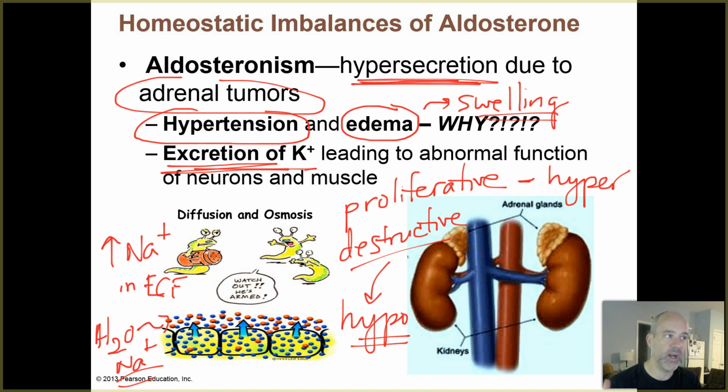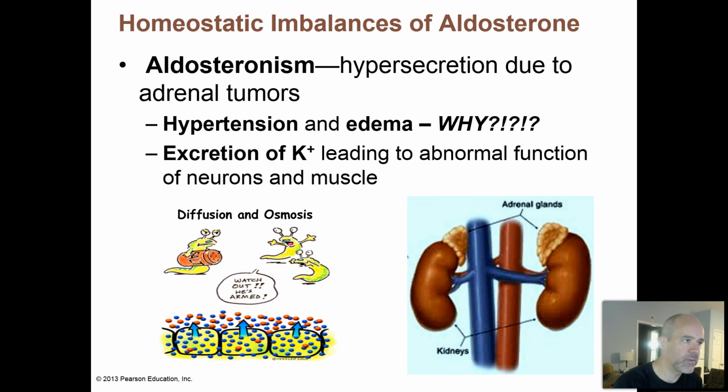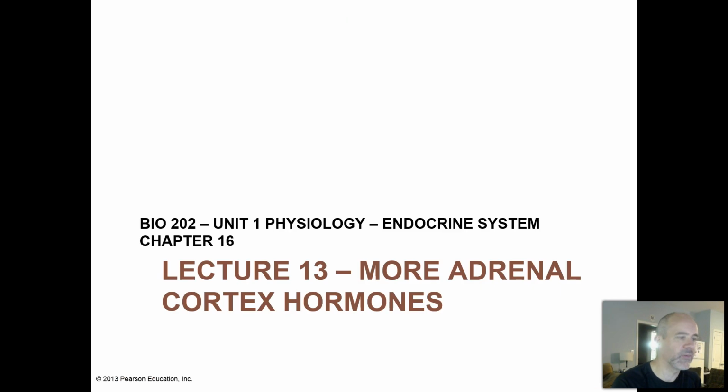And potassium is one of those key electrolytes for your nervous system and muscular system functions. So these types of patients tend to have abnormal function of neurons and muscles. As you can see, some of that info you learned about the nervous and muscular systems back in Biology 201 is coming back in this course.